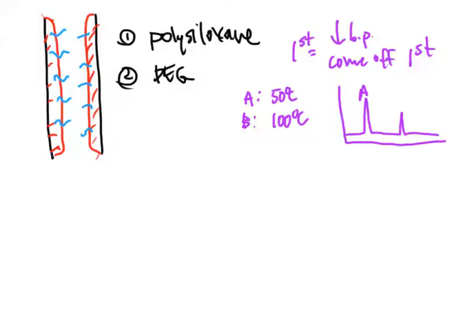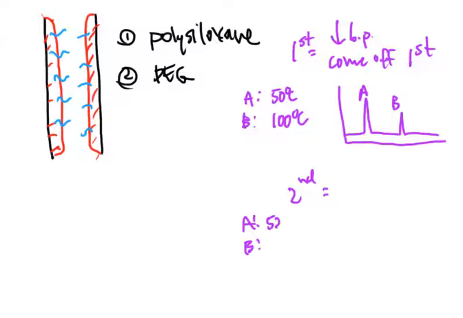And my later eluting peaks, those are the ones that have the highest boiling points. So that's a very easy way to separate things based on boiling points. The problem, though, is what if I have a scenario where A and B have really close boiling points?